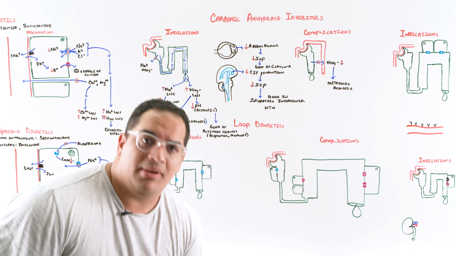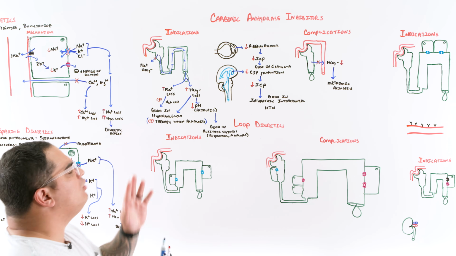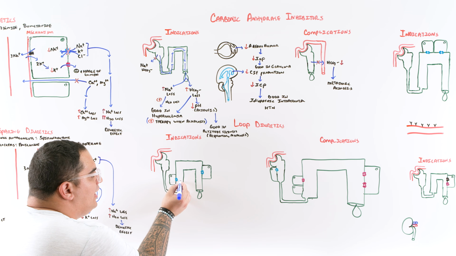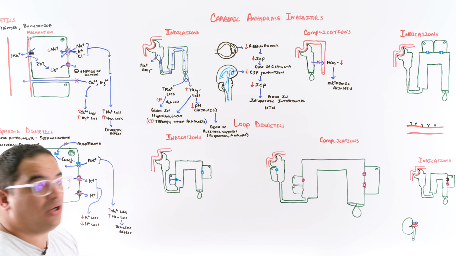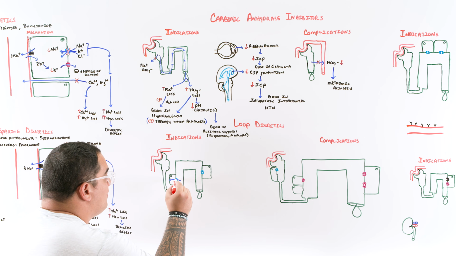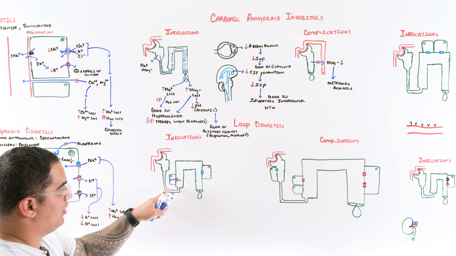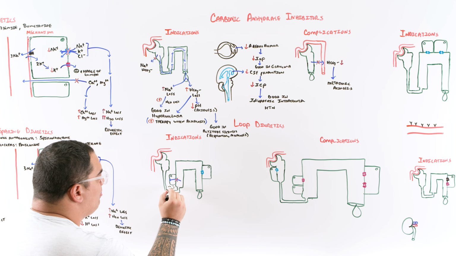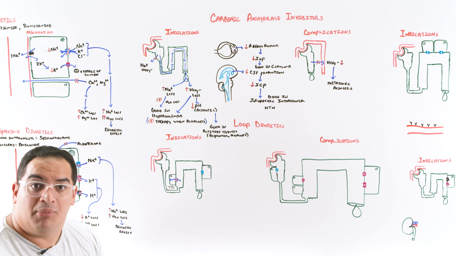So with loop diuretics, the true proven benefit of this drug is, again, we're leading to less sodium and chloride reabsorption. If I have less sodium and chloride reabsorption, that means I have less solutes that are present here in the medulla.